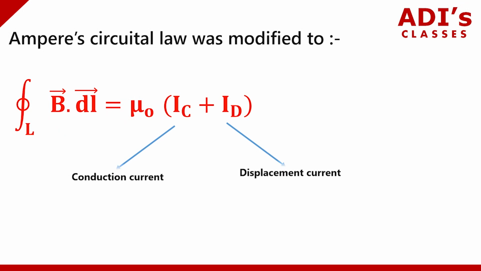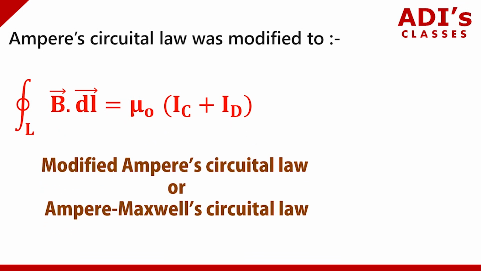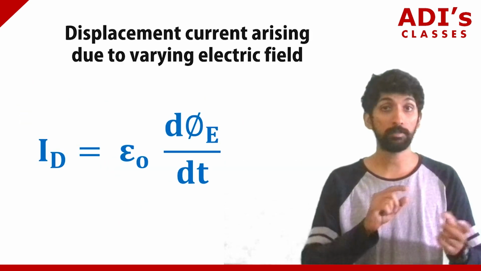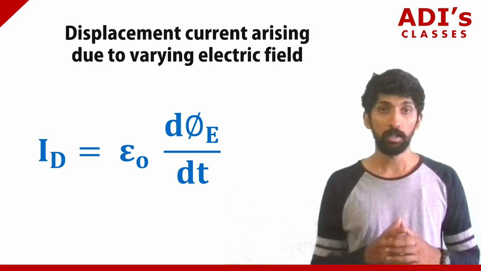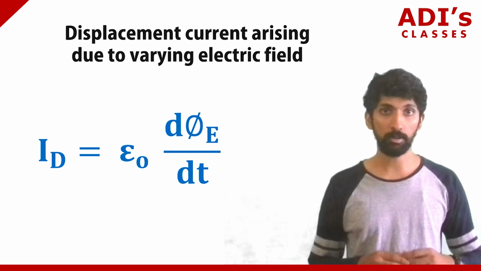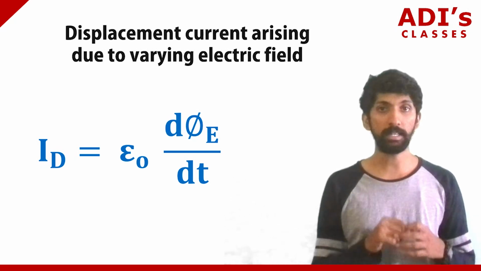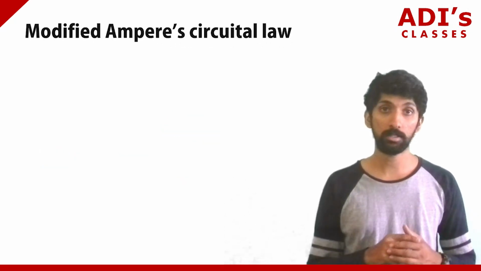This formula, mu naught into IC plus ID, is what we call the modified Ampere's circuital law, or Ampere-Maxwell circuital law. Why does the displacement current arise? Because of the varying field. So we can write ID is equal to epsilon naught into d phi divided by dt, the change in flux.